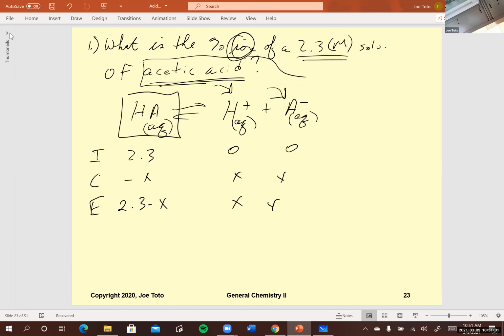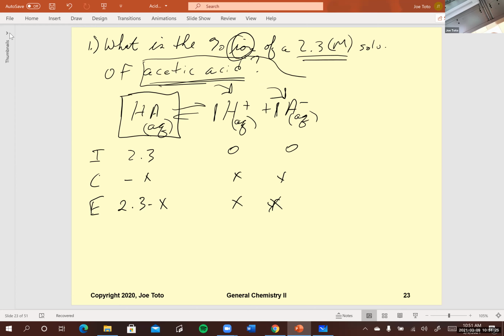But what in the ice table here? In other words, for every 1 HA I lose, it ionizes, and it makes 1 mole of H plus and 1 mole of A minus.